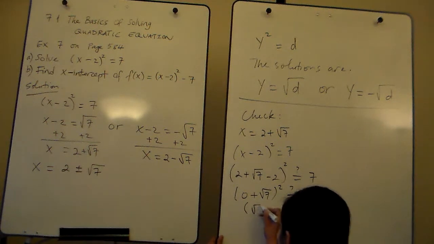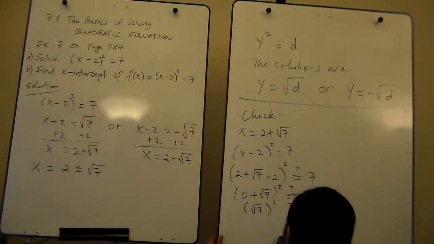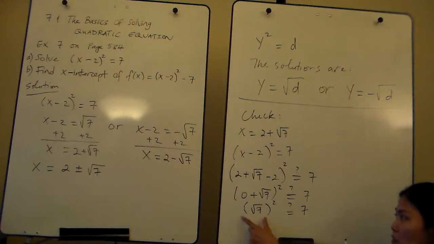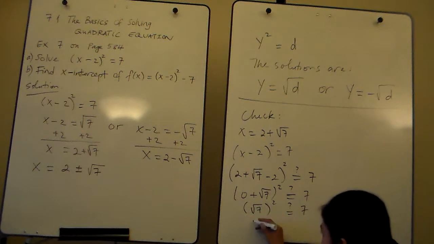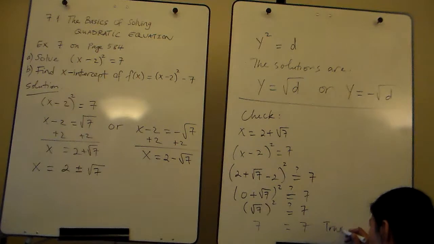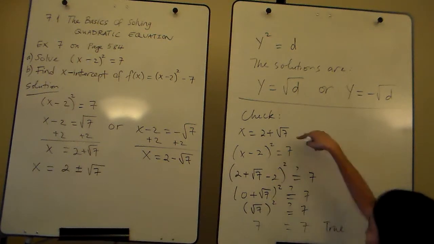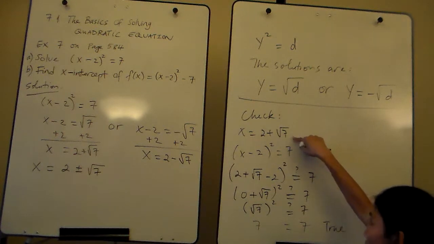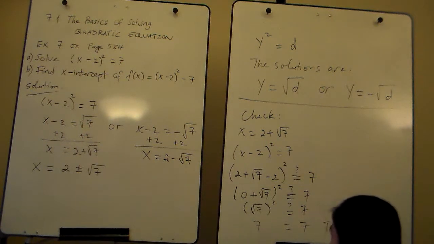This simplifies to square root of 7, squared, question mark, 7. Now square root of 7, when you square it, is equal to 7. And 7 equals 7 is true. So that means x equals 2 plus square root of 7 is a solution. Alright, that's good.